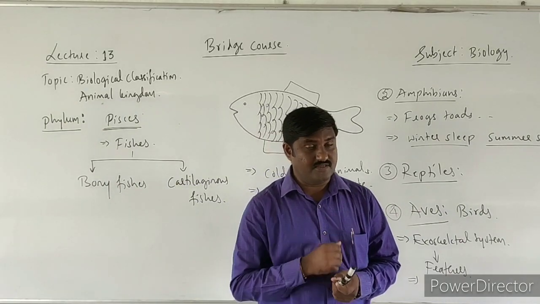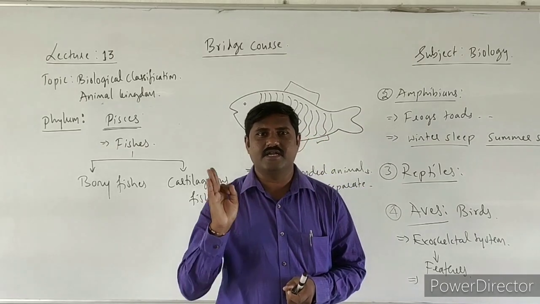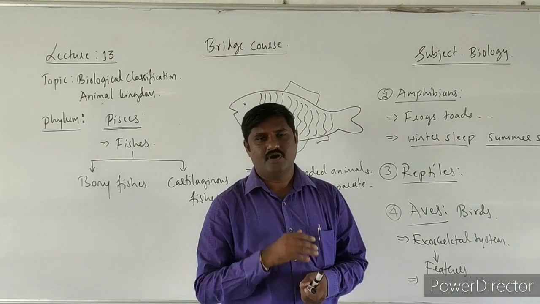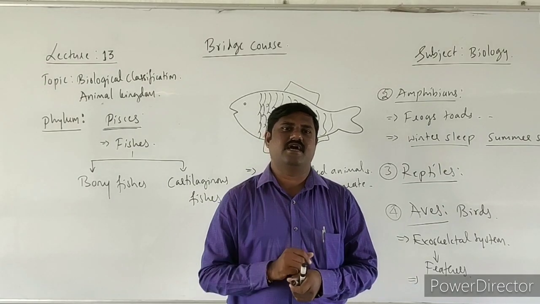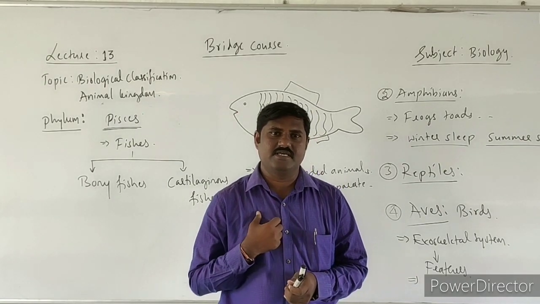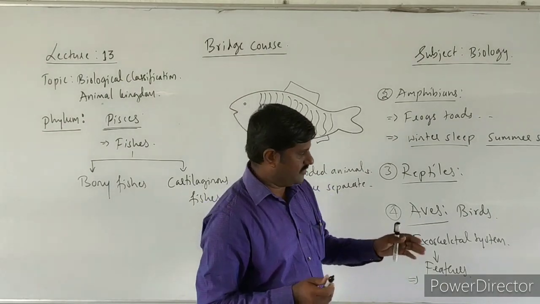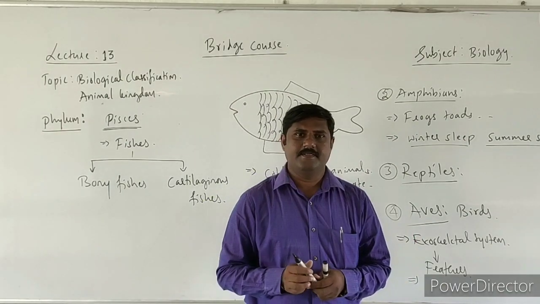So these are not poikilotherms, these are hot-blooded animals. Cold-blooded animals we saw previously. Hot-blooded animals in the sense that their body temperature always remains constant, right? Such kind of animals these are.